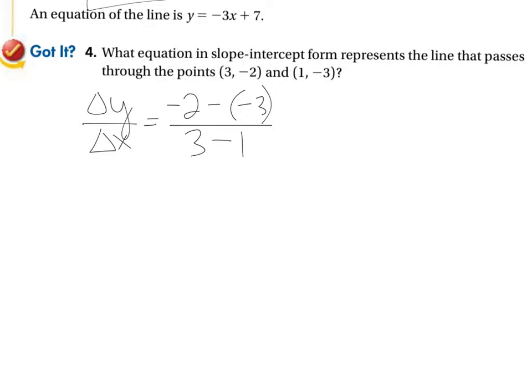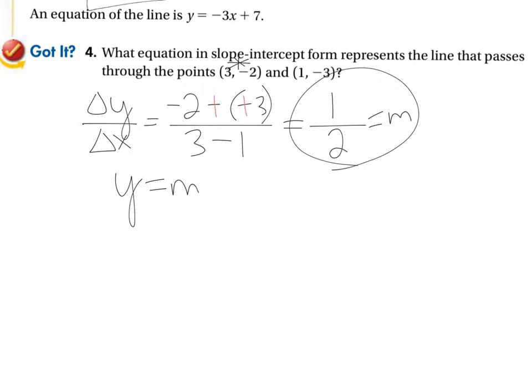Again, whatever y we start with, we have to start with the same x, from the same coordinate. Remember, subtracting, you can add the opposite, so on the top there would be 1, and 3 minus 1 is 2. So we've got our slope is 1/2. Okay so far? Slope is 1/2.